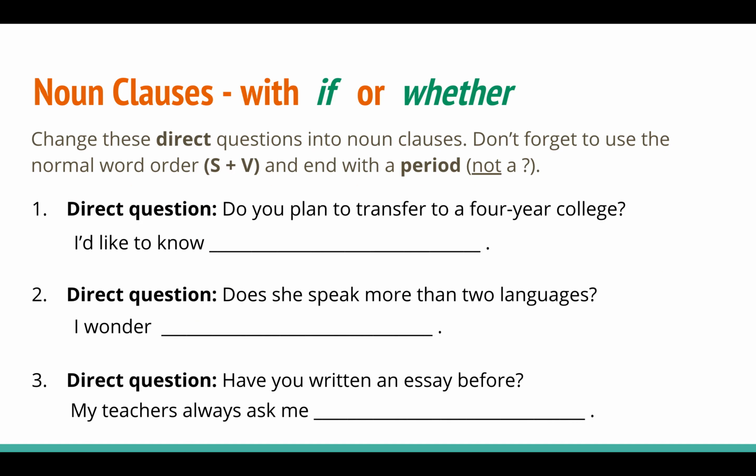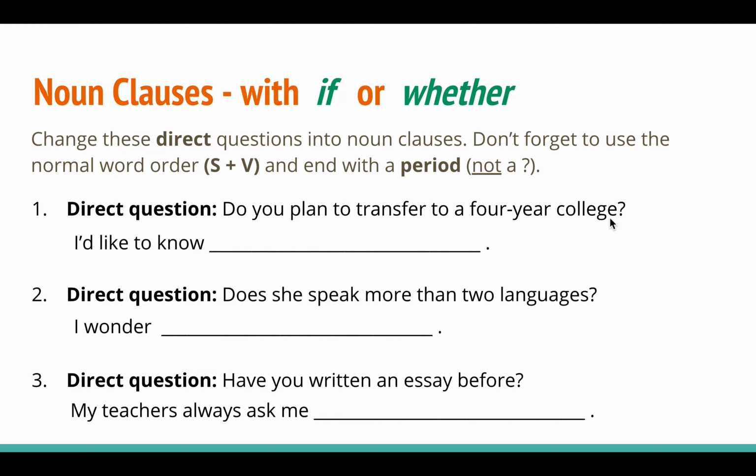Let's look at a bit more practice with if and whether. So we said that many times we'll use if and whether in a noun clause for an indirect question. In these, we're going to take a direct question and turn it into an indirect question by adding a noun clause. So for example, the direct question is, do you plan to transfer to a four-year college?